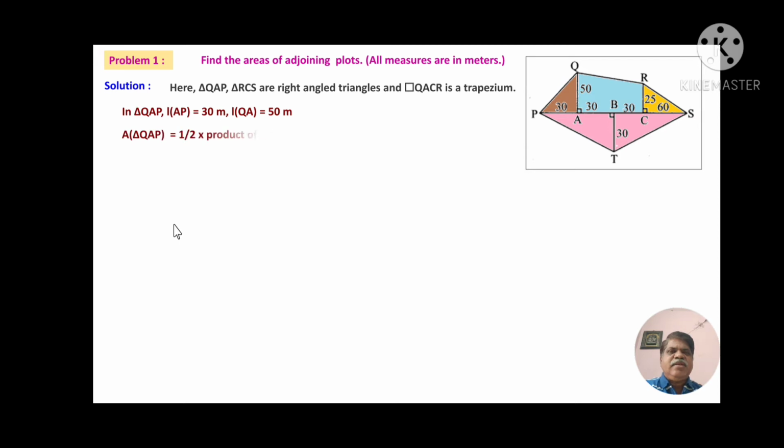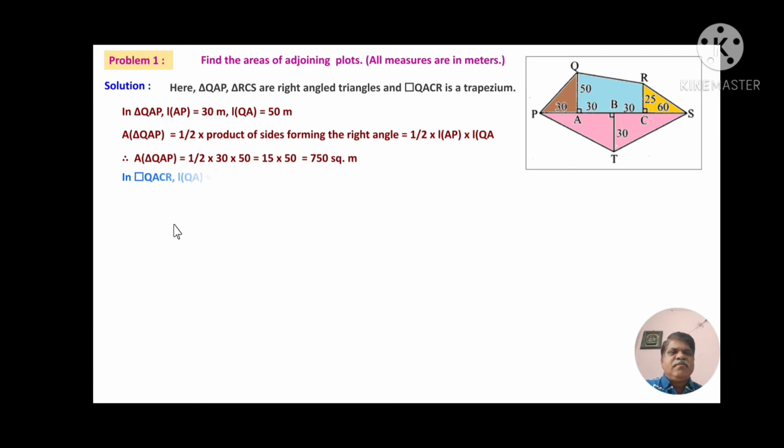So friends, area of triangle QAP is equal to half into the product of the sides that are forming right angles, which is half into AP into QA. Let's substitute the values. Therefore, area of triangle QAP is equal to half into 30 into 50, which will be 15 into 50, 750 square meter.